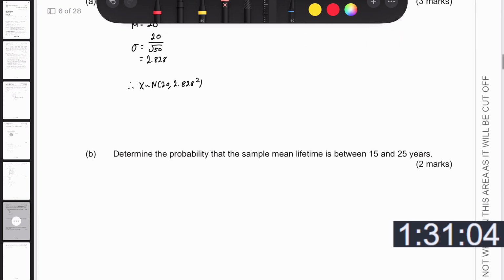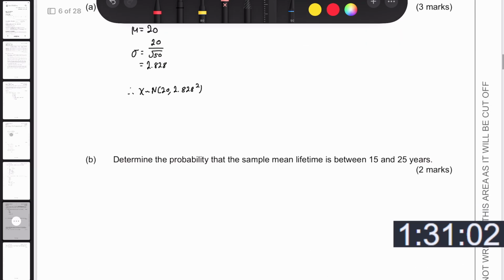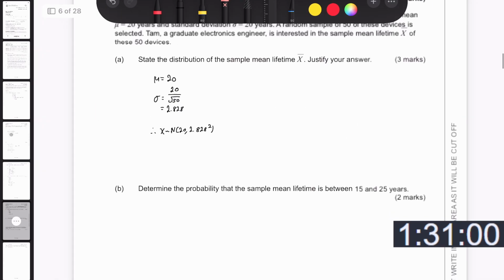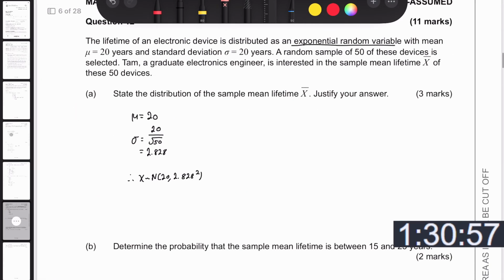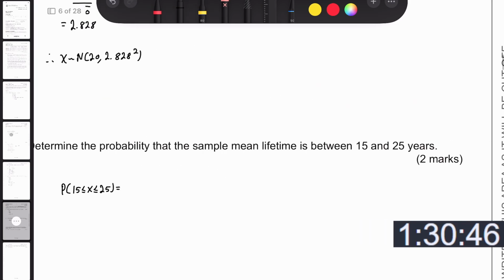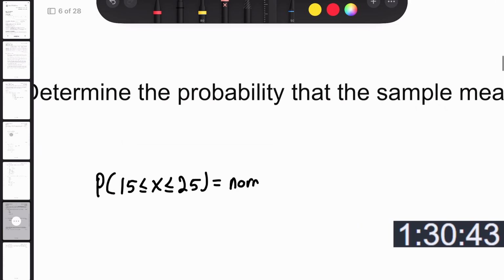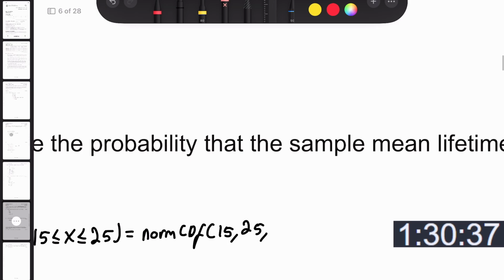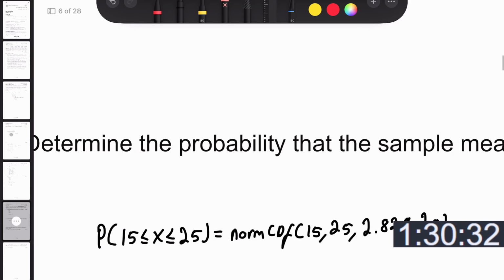Determine the probability that the sample mean lifetime is between 15 and 25 years. So sample mean, we're going to have normal CDF from 15 to 25 for a standard deviation of 2.828 and my mean of 20.